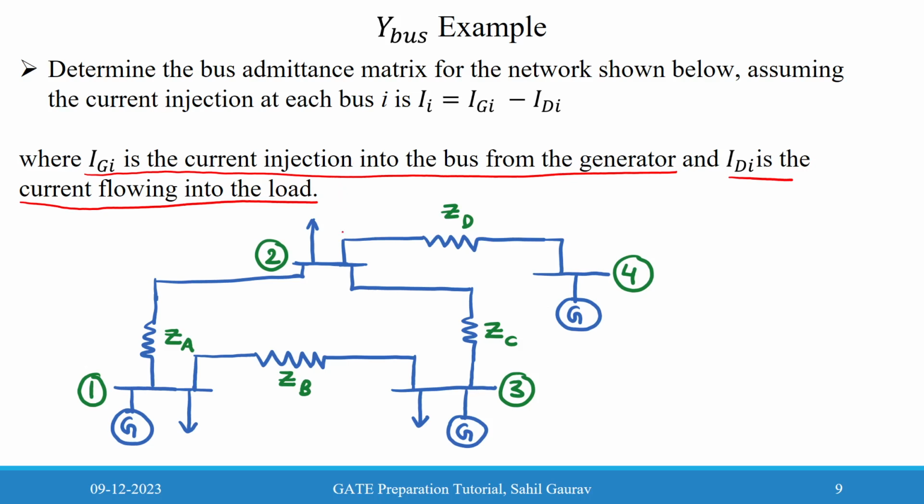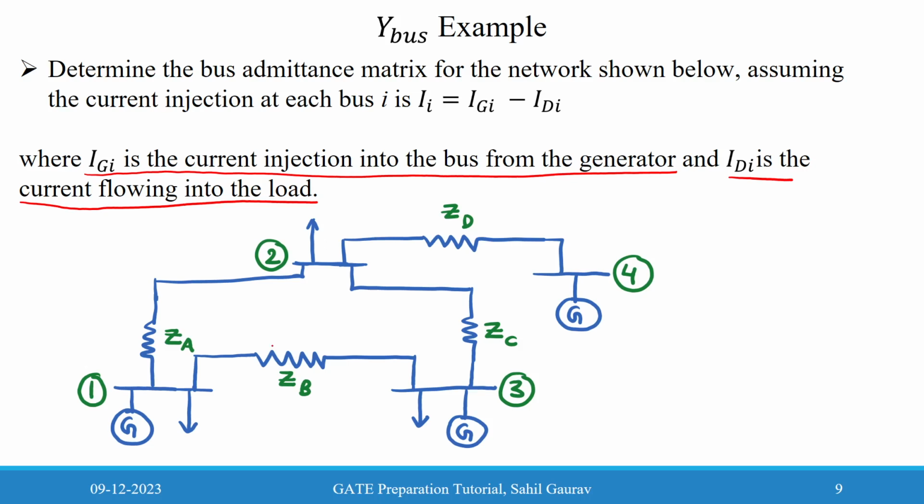And sir, if Ii is zero, then injection and demand are equalizing each other. It means that whatever the demand of the load, we are giving that amount of current. Yeah, correct.